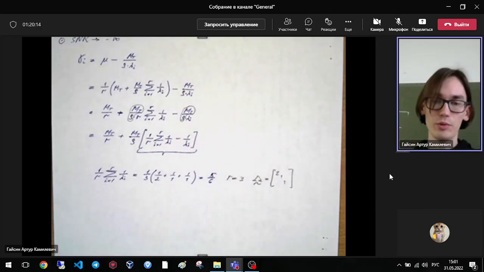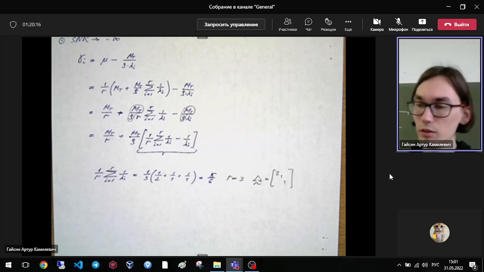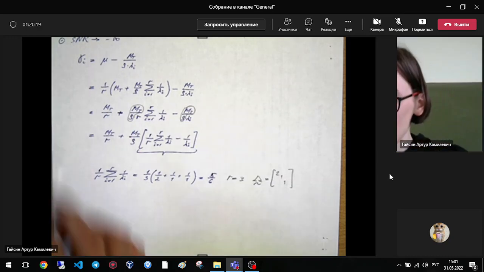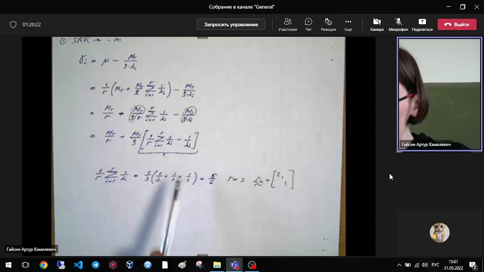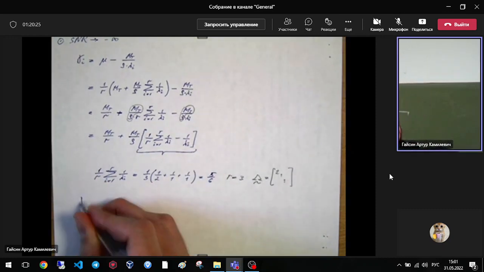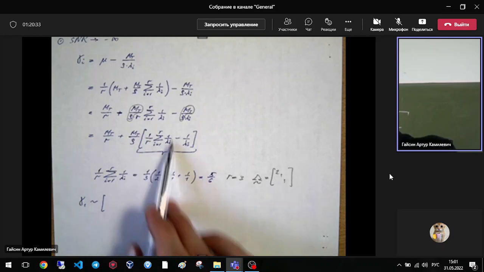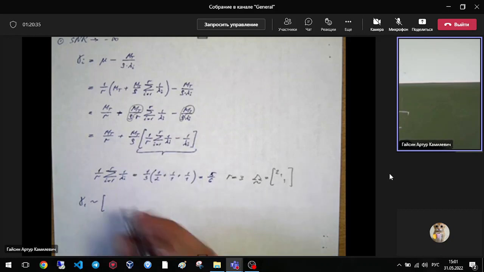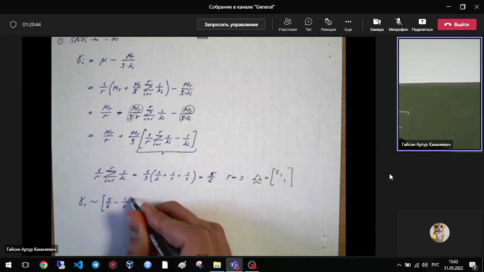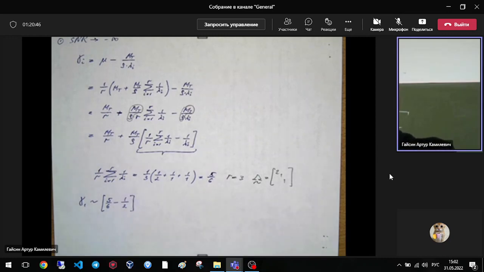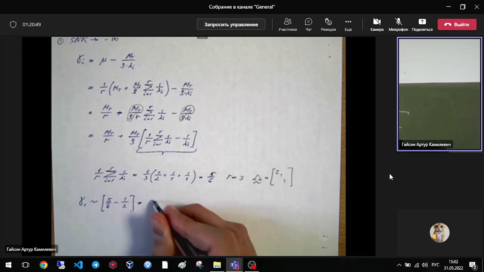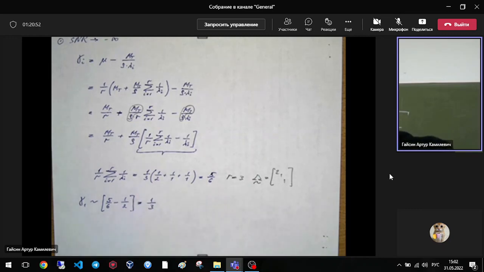So next we need to calculate the power allocation for each eigenvalue. The power allocation for the first is something like 5 divided by 6 minus 1 divided by 2, so it is something like 1.3.